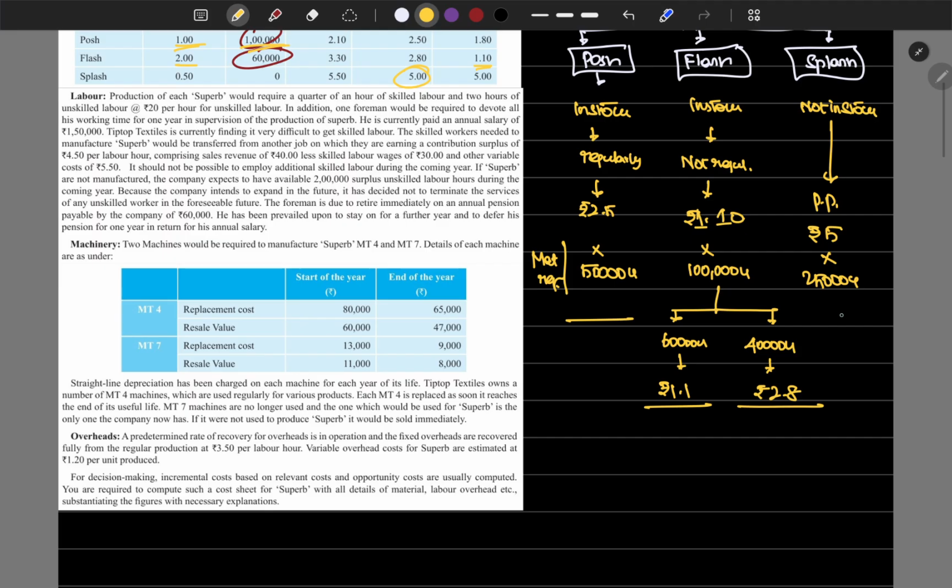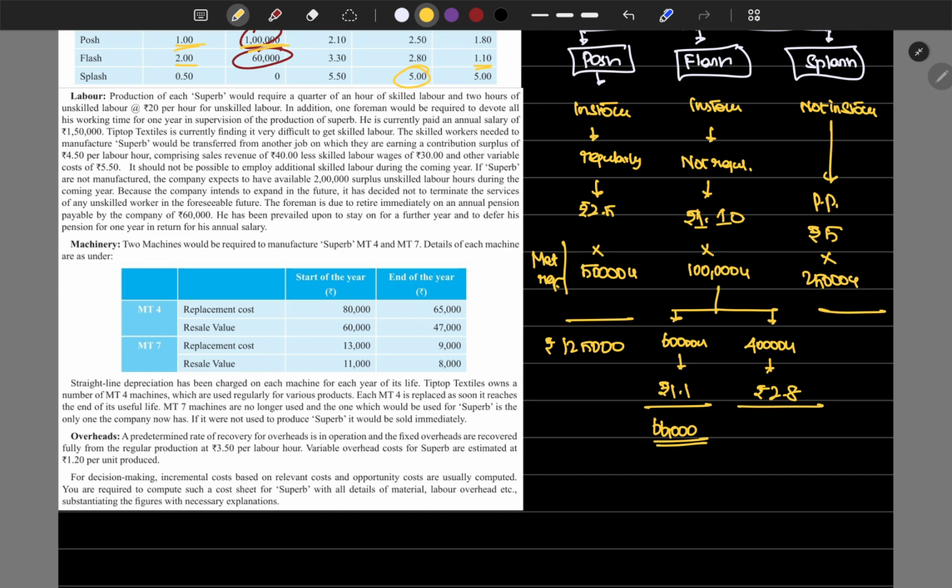So what's the relevant cost that we are going to calculate here? 2.5 into 50,000, which is 1,25,000 is the relevant cost. 60,000 into 1.1 is 66,000, our relevant cost.